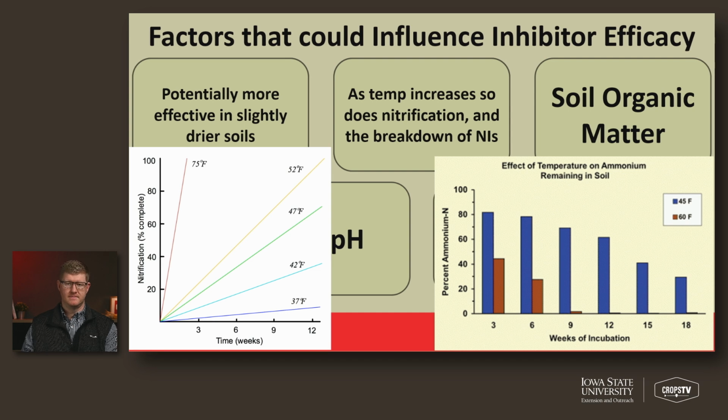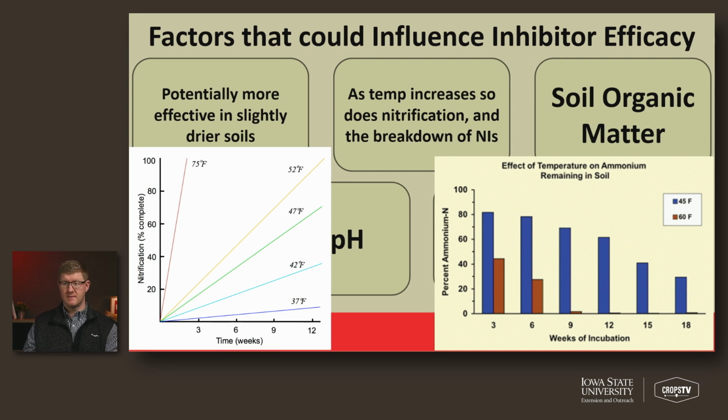Soil temperature. As temperature increases, nitrification increases. So that's what I'm showing here with these two figures. The one on the left, you can really clearly see that as temperature increases, the amount of time that it takes for 100% of nitrification to occur drastically decreases.